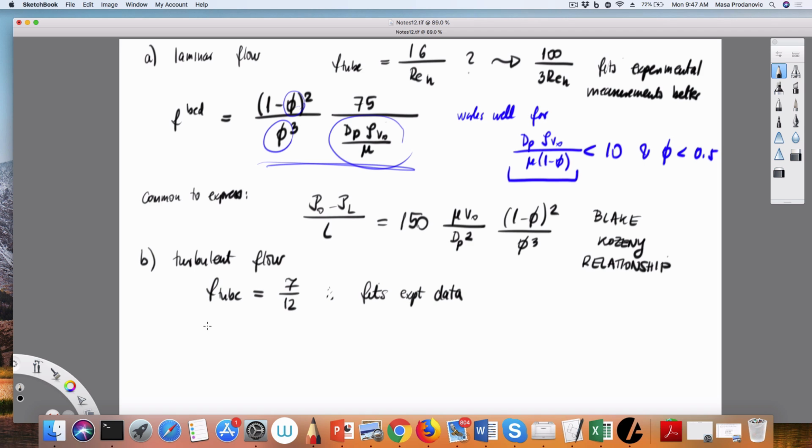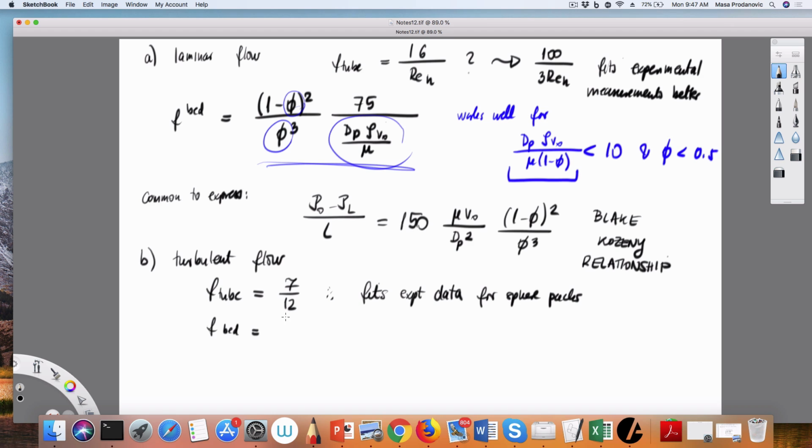So is that for a tube or a SpherePack? Fixed for SpherePacks. And what I know from tubes is that a constant should work rather well, right? So I'm looking for a constant, and when you look for that constant in SpherePacks, it's 7/12.